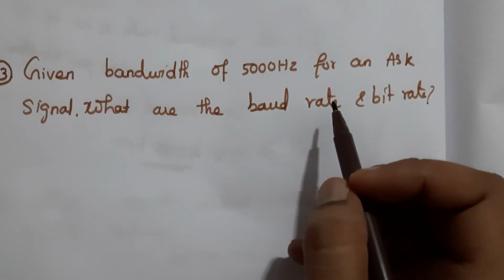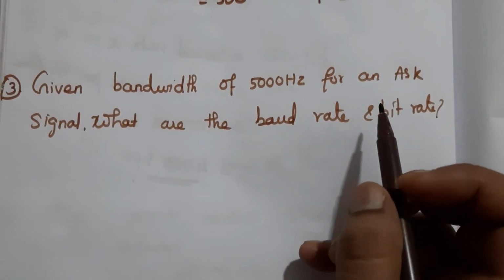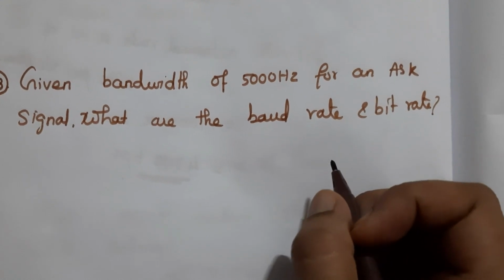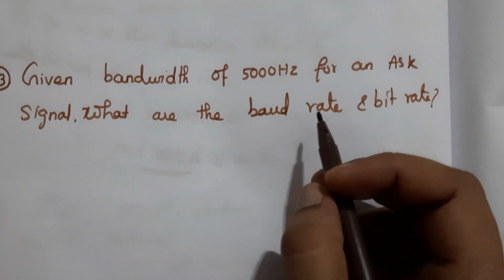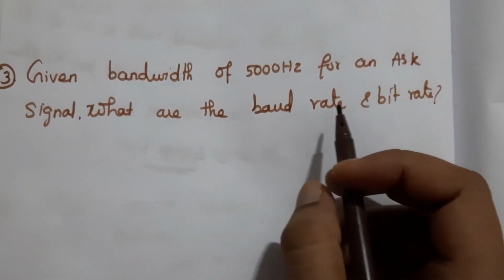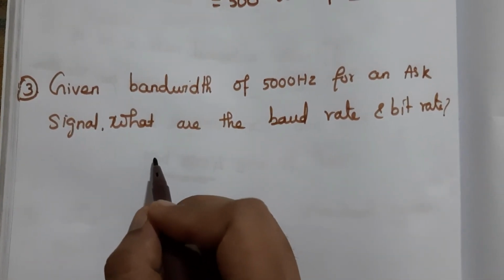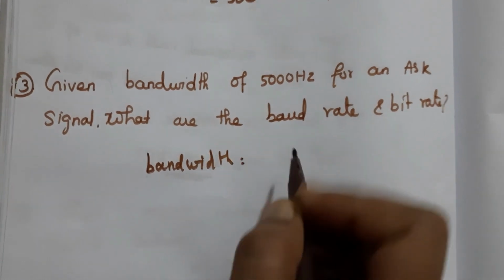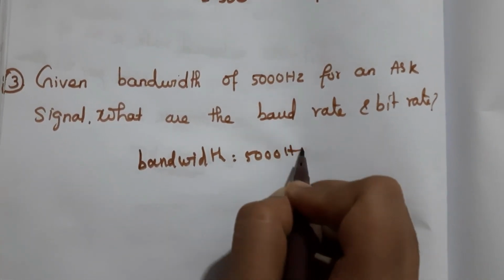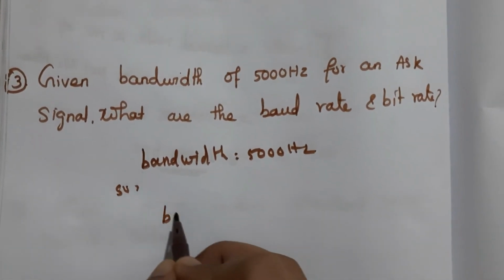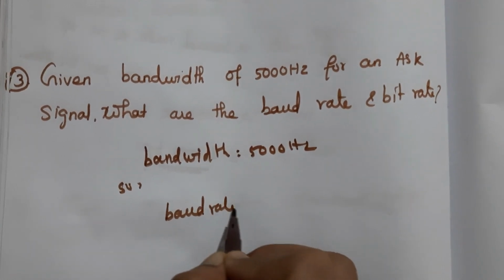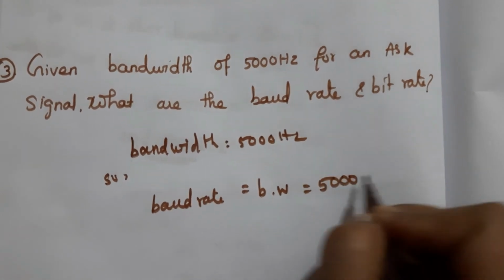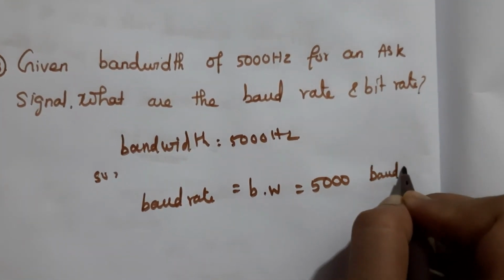Next question, given a bandwidth of 5000 Hz for an ASK signal, what are the baud rate and bit rate? In ASK, baud rate is the same as the bandwidth. So here bandwidth is 5000 Hz, so baud rate is equal to bandwidth, that is 5000 baud per second.